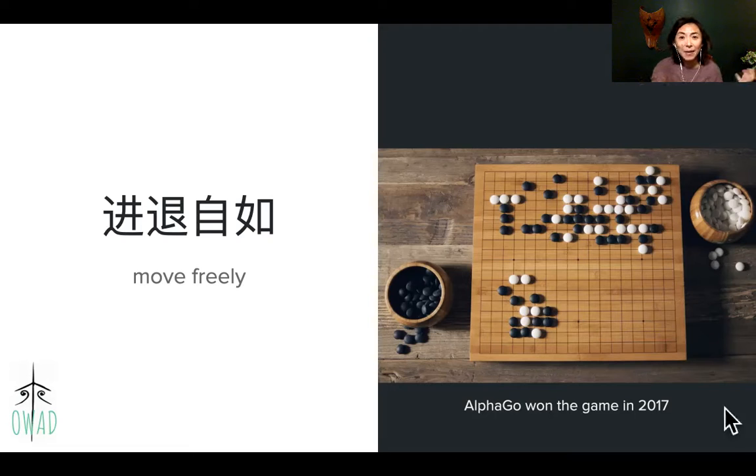And I use this example in the game of Go. We know computers beat the best human champion in Go in 2017. Computers are trained by playing first with a human player and then by playing against themselves to develop this algorithm to know when to move, what move to make. And actually in the world of Go, it's not two-dimensional, it's not just forward and backward, it also has left and right, right?